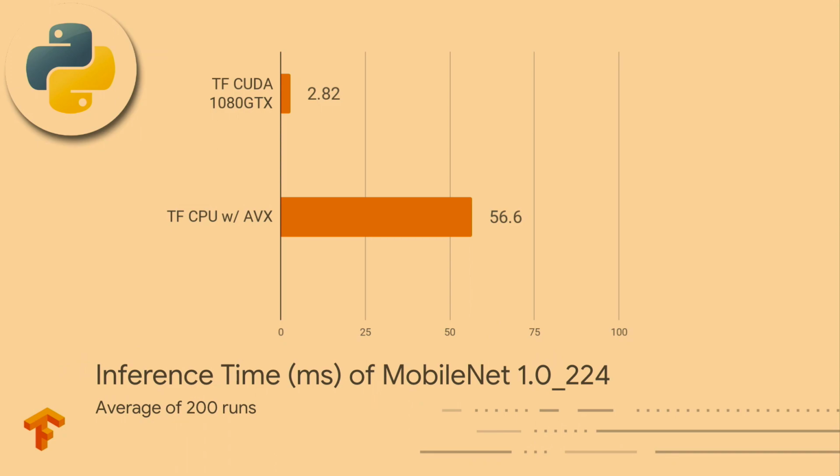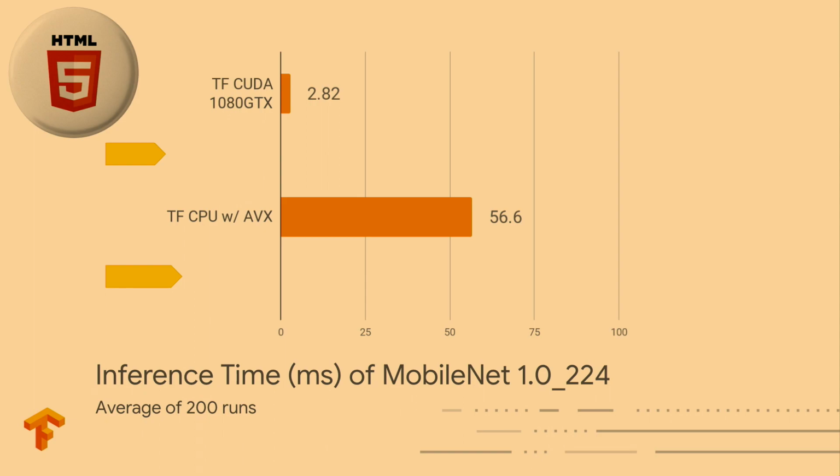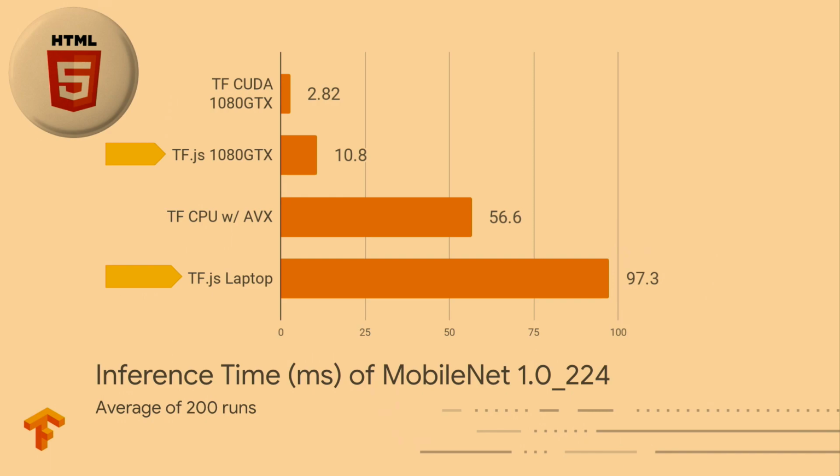I believe lots of people will care about the performance, right? So here's the performance compared a few years ago. For Python, if you use Python with the GPU and the CPU, you get this performance. So what if we run it with TensorFlow.js? If we use HTML5, which means you run TensorFlow.js in the browser, with the GPU, TensorFlow.js will use WebGL to run inside the browser, and it can also use only the CPU.